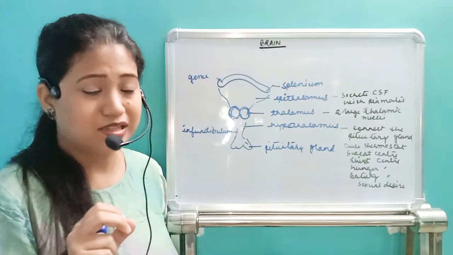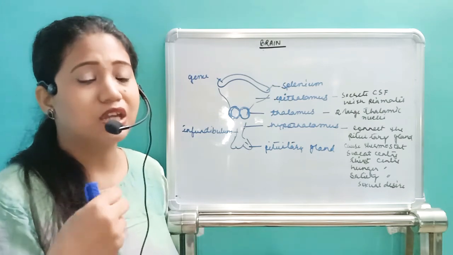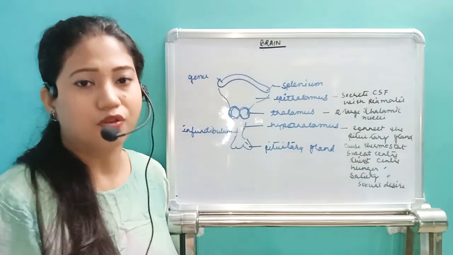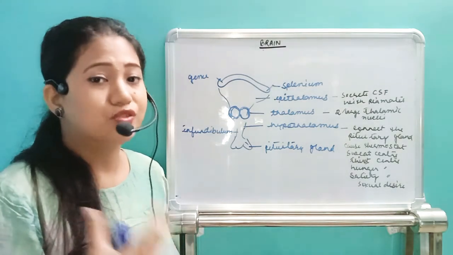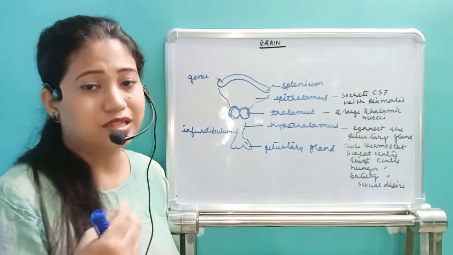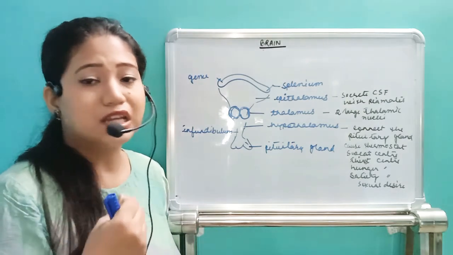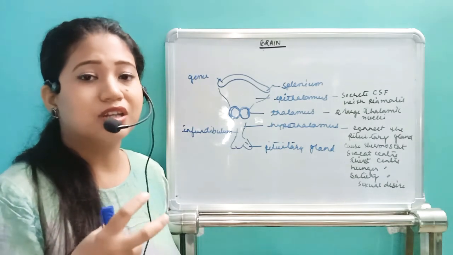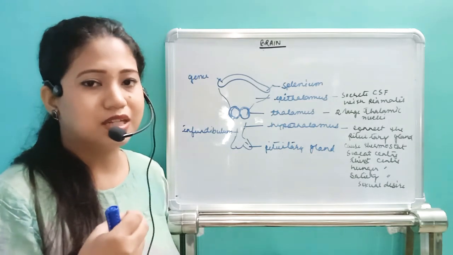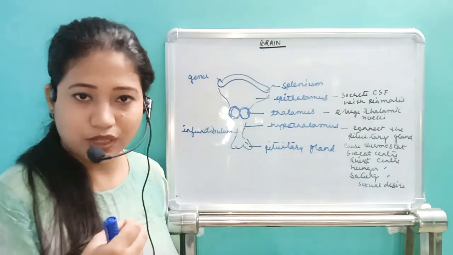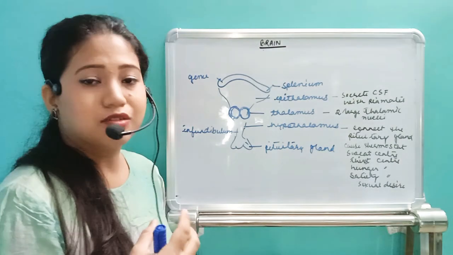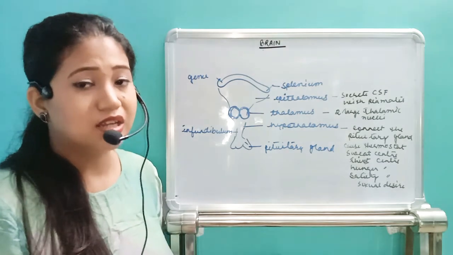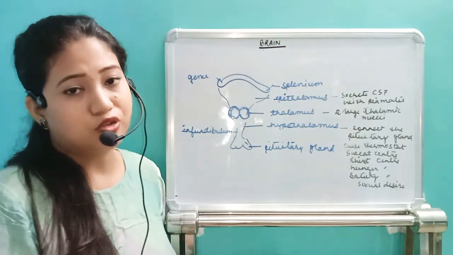The sweet taste causes the release of a neurotransmitter called endorphin, and endorphin is released by the sense of sweetness in our mouth. So this is the cause of happiness whenever we take some sweet taste in our mouth. Whenever we get satisfied, the center for satiety is also in the hypothalamus.